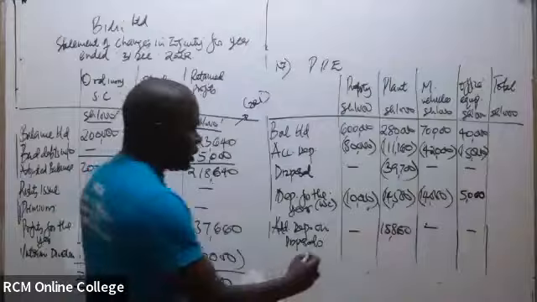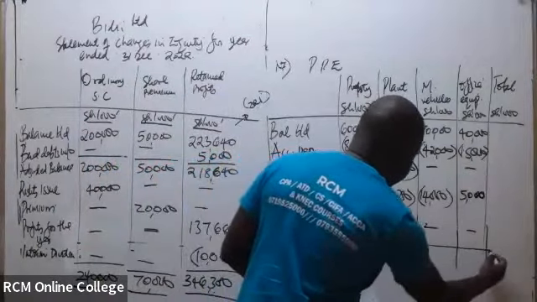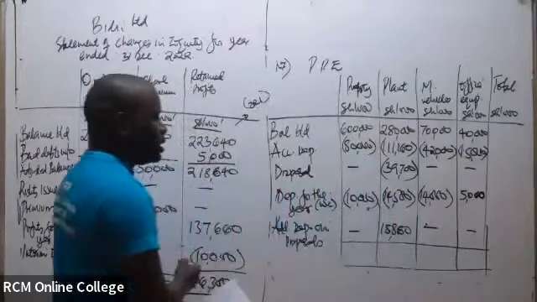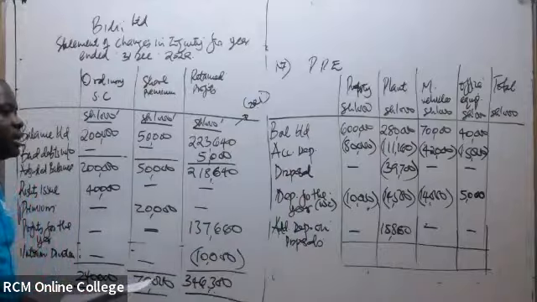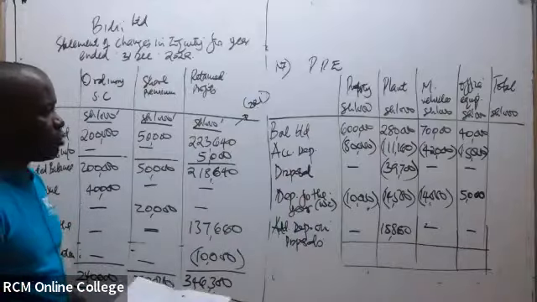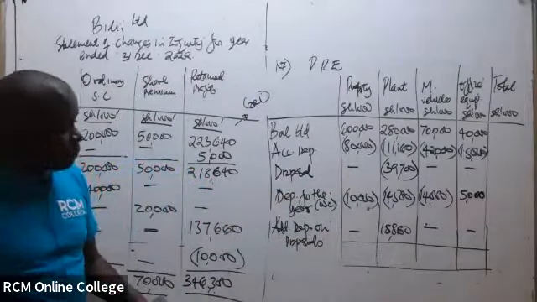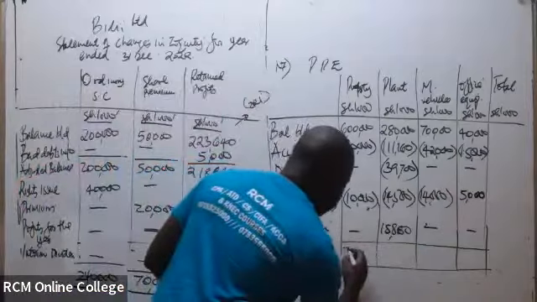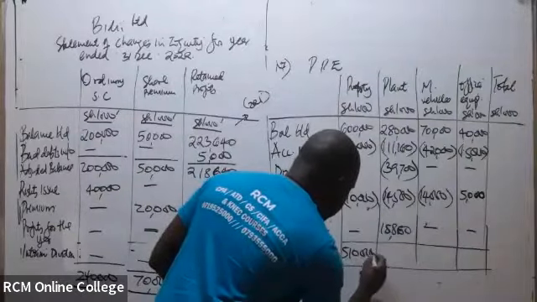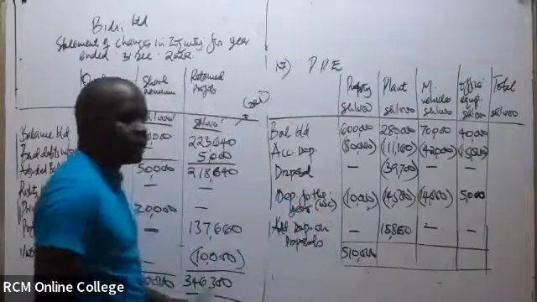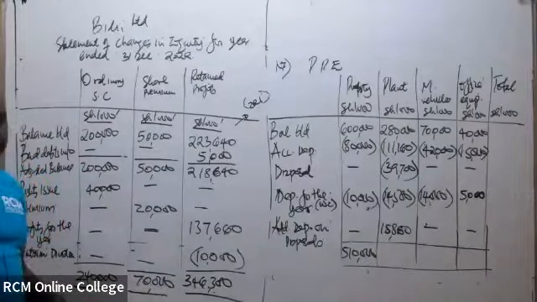So I think those are the only items. Try to do the computation and tell me the figures down here. How much are you getting here? I think it is 510 million. What about under plant?